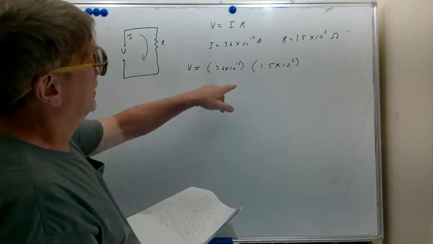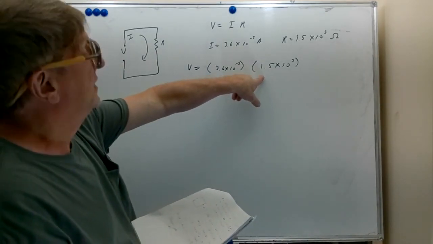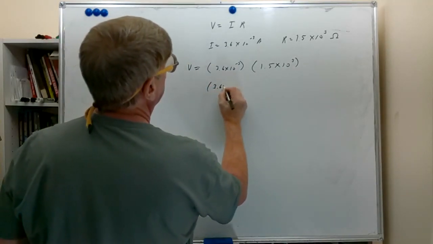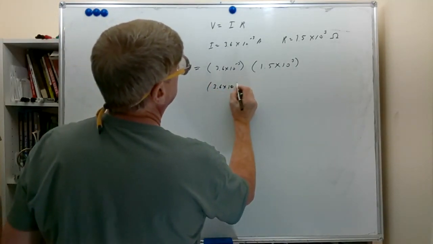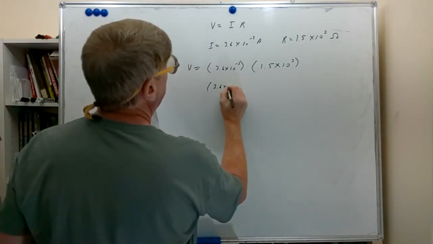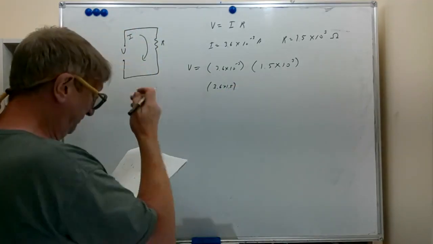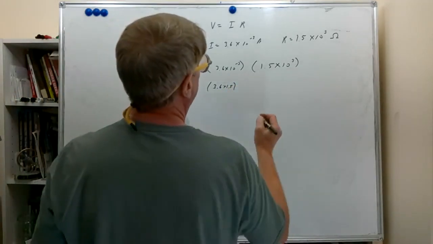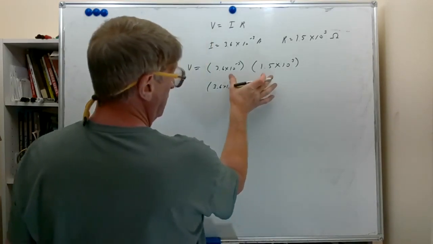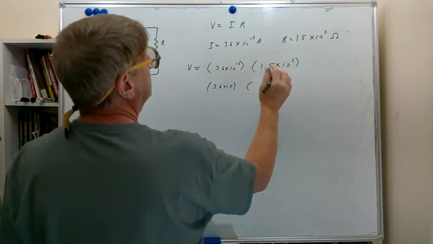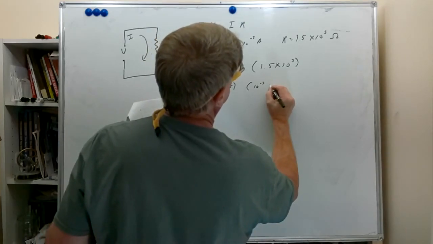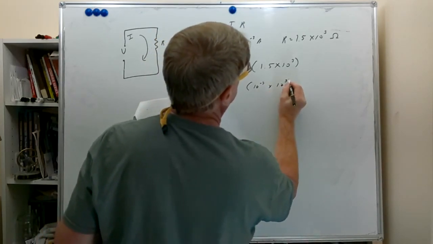So remember, we multiply the numerical part, 3.6 times 1.5, and we're going to multiply the powers of 10 part, 10 to the minus 3 times 10 to the positive 3.